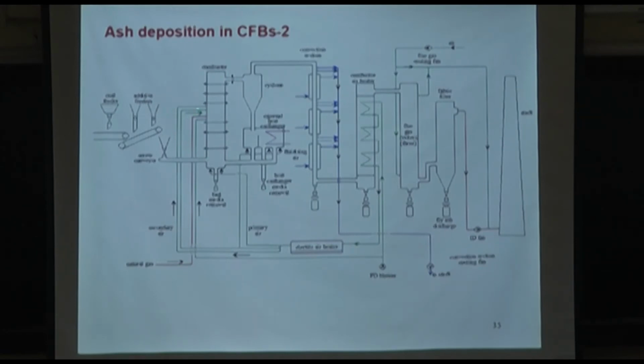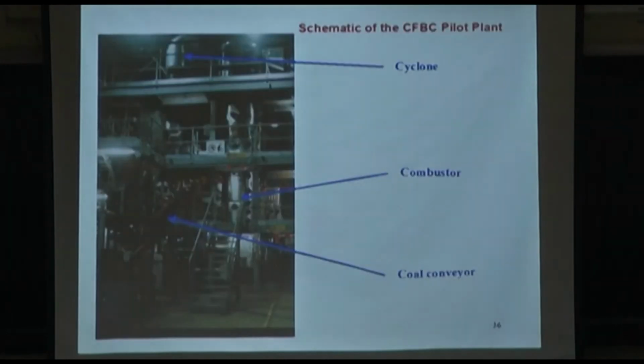Secondary air at the freeboard, primary air somewhere here, which we haven't shown. And this is the photograph of the main combustor, if you like. That's the main combustor, and on the other side is the cyclones, etc.